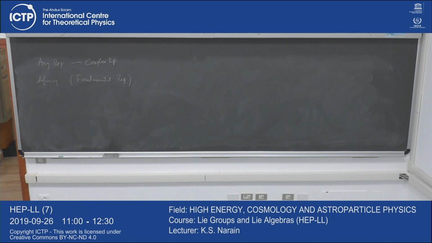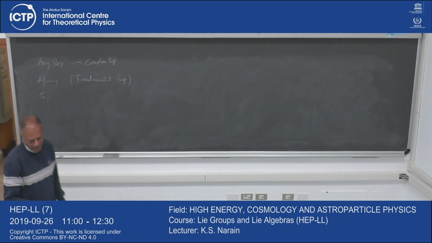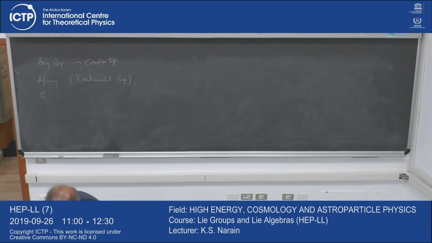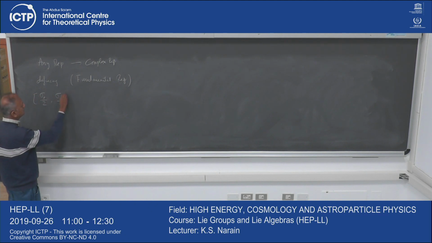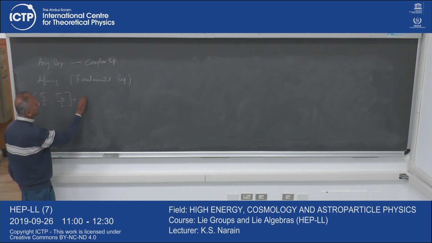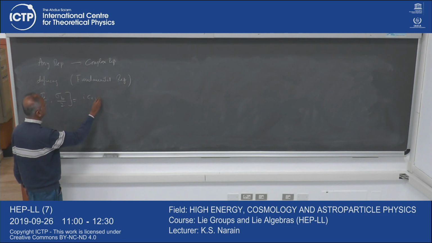So those are the original sigma matrices themselves. We were using 1/2 of the sigma matrices, but anyway, it doesn't matter. So sigma A by 2, sigma B by 2, the commutator was simply i epsilon A B C, sigma C by 2.